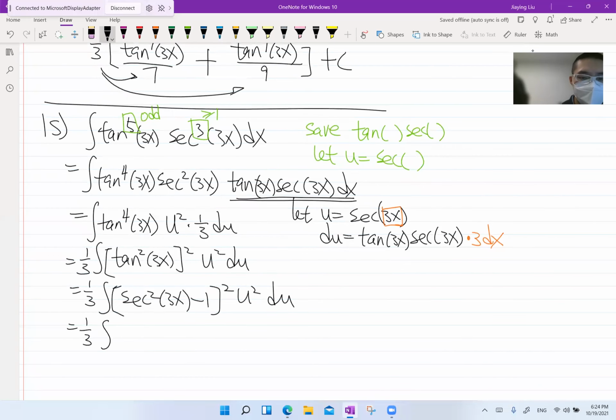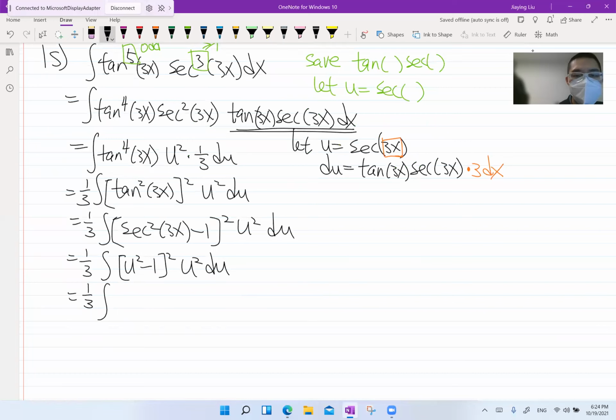And substituting for secant squared, so I get u squared minus 1 squared, and I have a u squared outside du. And from here, we expand all the terms inside the integral before we integrate.